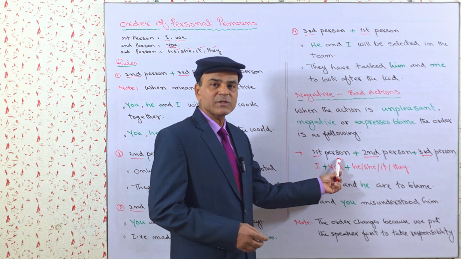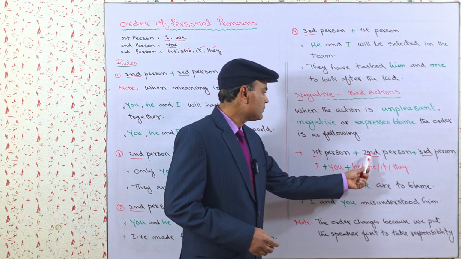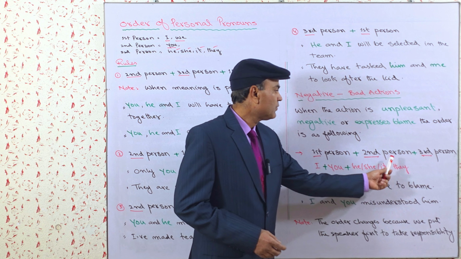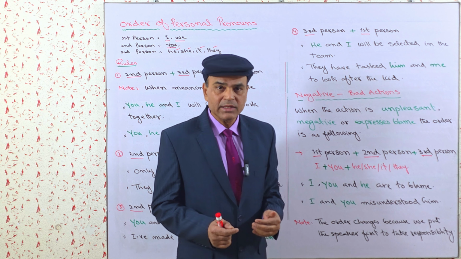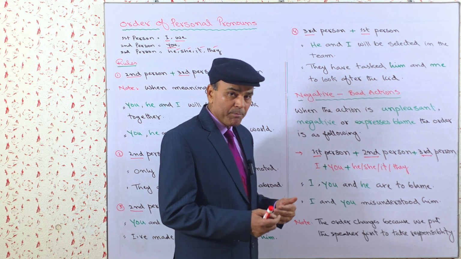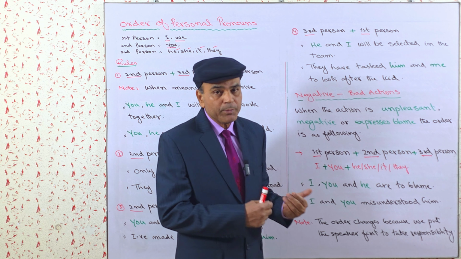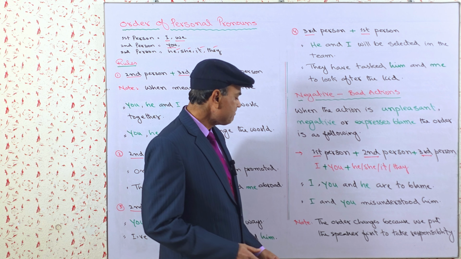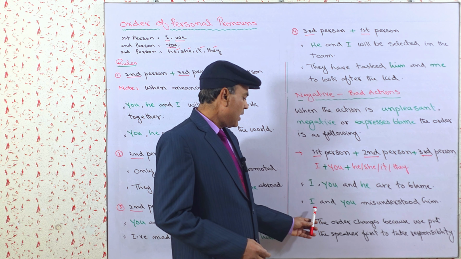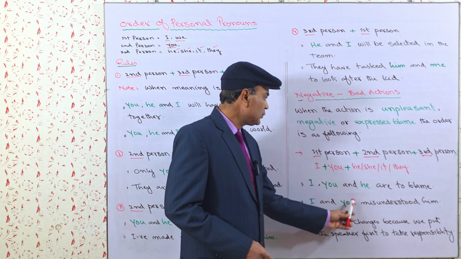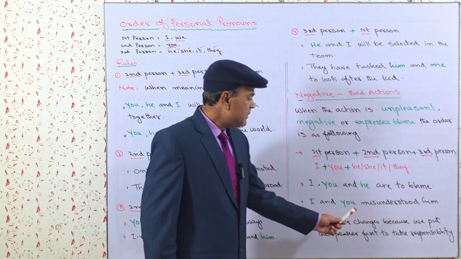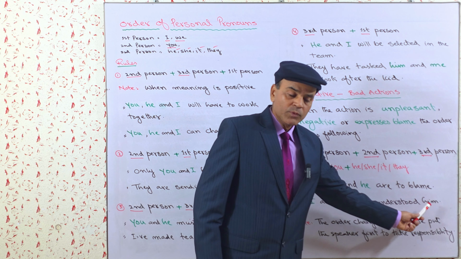So I, first person, you, second person, he, third person, are to blame. In this sentence, there is a blame game, so the order of the pronouns has changed. Second example is I and you: I, first person, you, second person, misunderstood him.